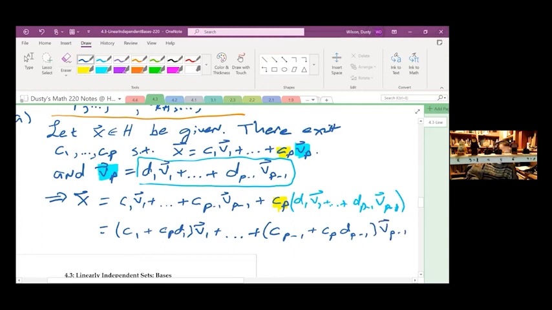Let me make sure you're seeing where those come from. Here's a V1 and here's a V1, and so I could combine those together to give me this much V1. Similarly, here's some VP, here's some VP, distribute, and now we get this much VP.